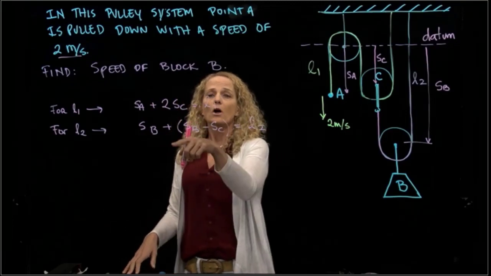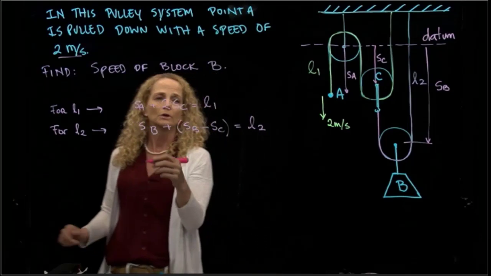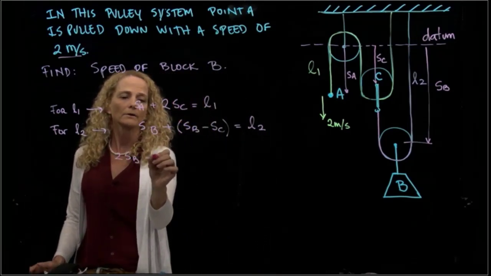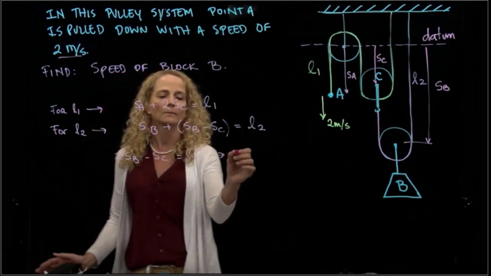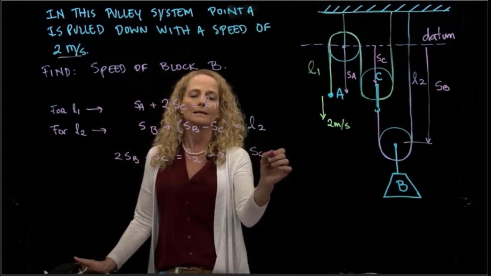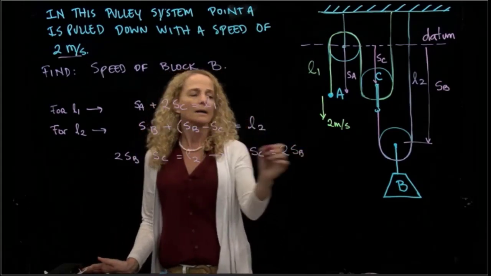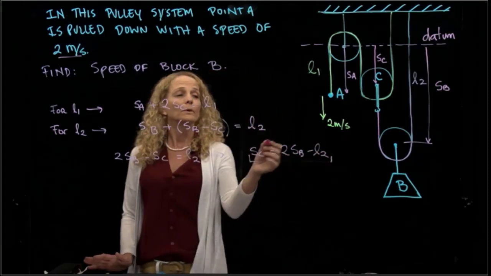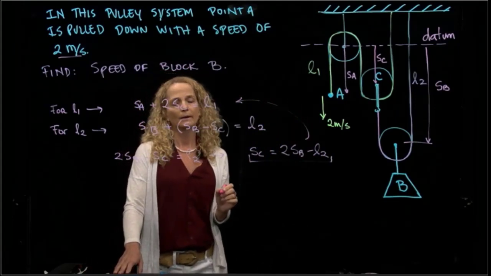So let's solve for SC in this equation and plug it into the first equation. So we can say here that we have 2SB minus SC equals L2. From here we can say that SC is equal to 2SB minus L2, right? So this is my first equation, and I will plug that equation into the first equation.